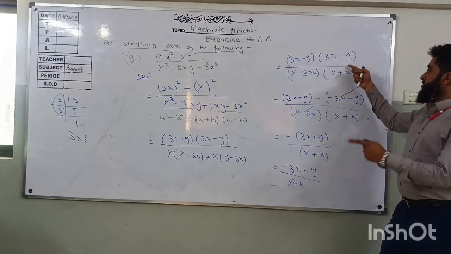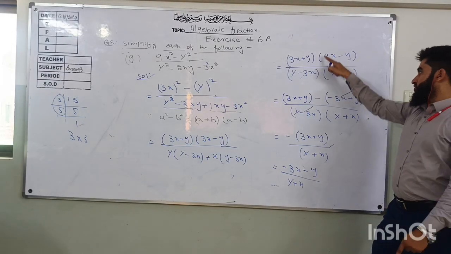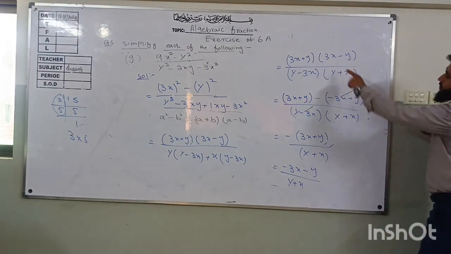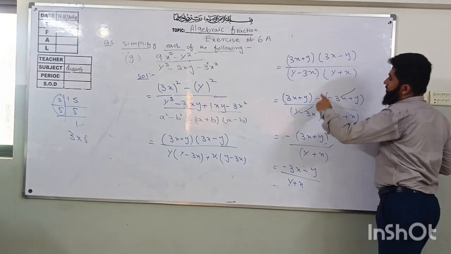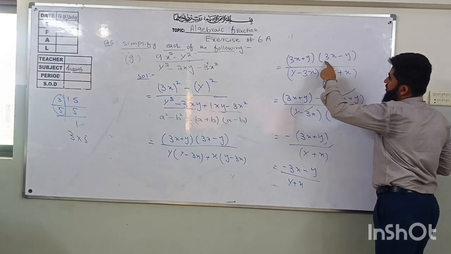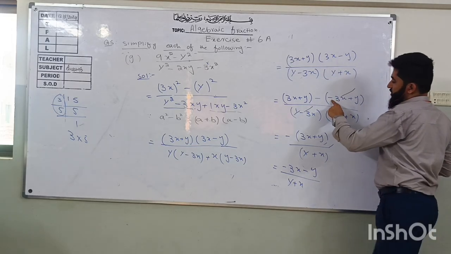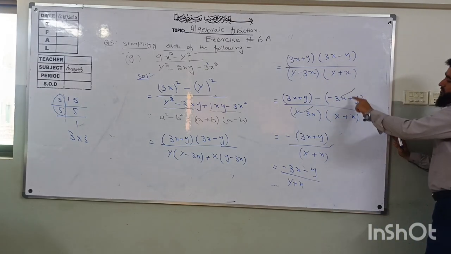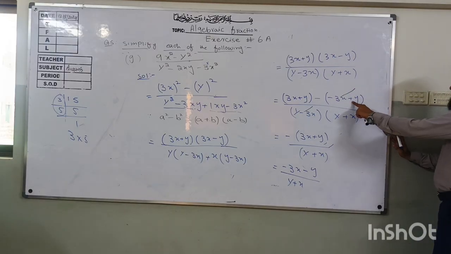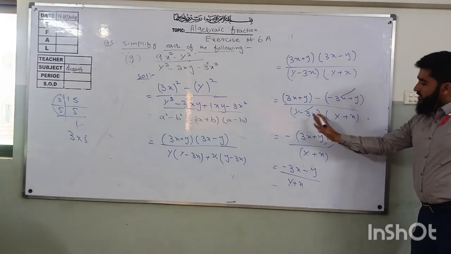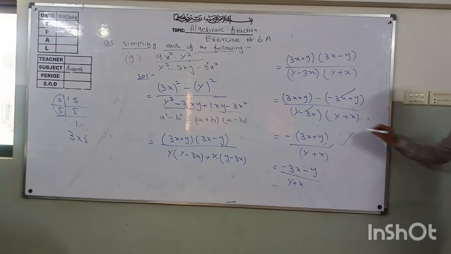We want to change this into the same factor, so we took common negative for changing the sign inside. So positive sign is changed into negative, and negative y changed into positive y. So both are cancelled, remaining is your answer.